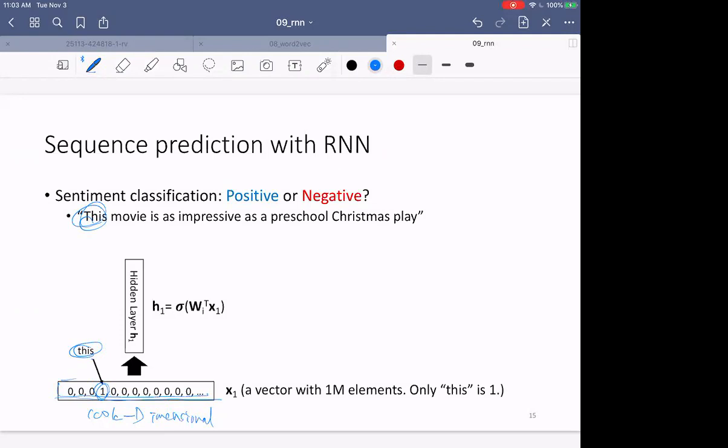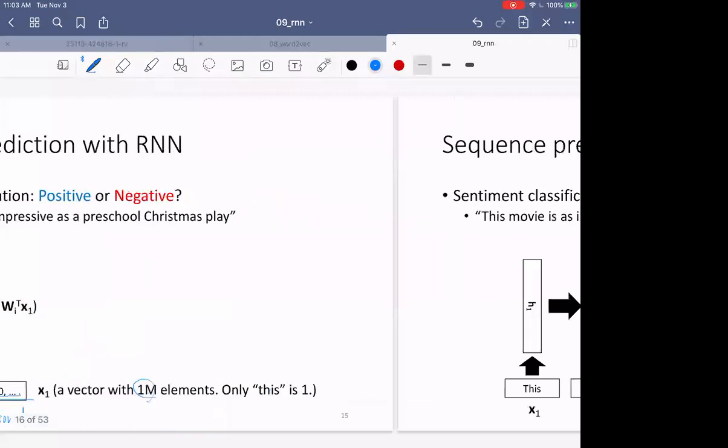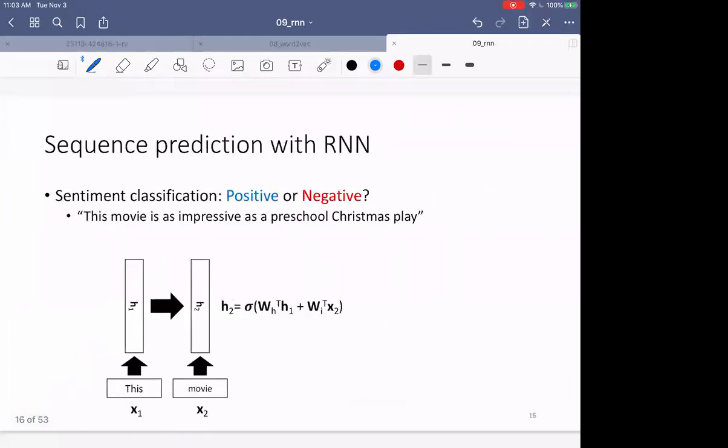Anyway, so you put this in, and then you can derive H1, which is the first hidden layer, the first latent representation. And here I'm saying it's 1 million. Well, it doesn't matter. It could be 1 million, it could be 10,000, it could be 100,000. It depends on how large your vocabulary is. Then moving on to the second time step. You've already injected this.